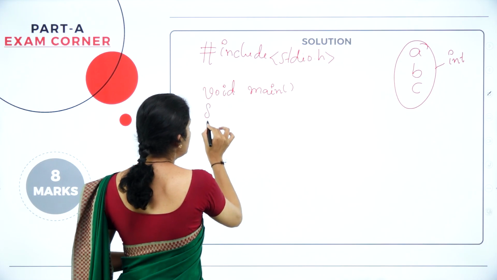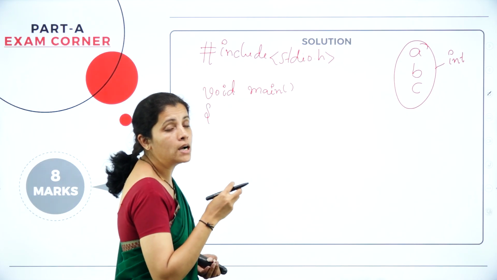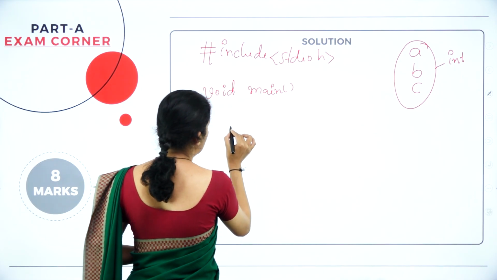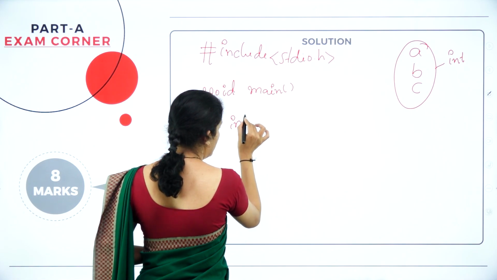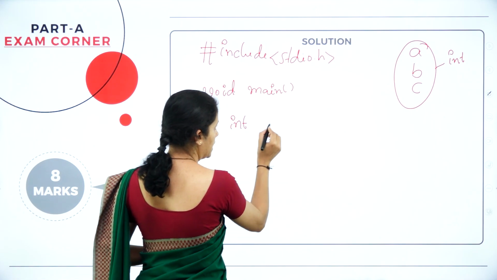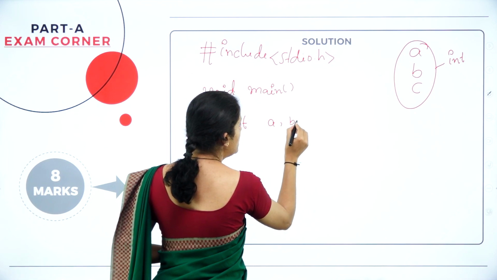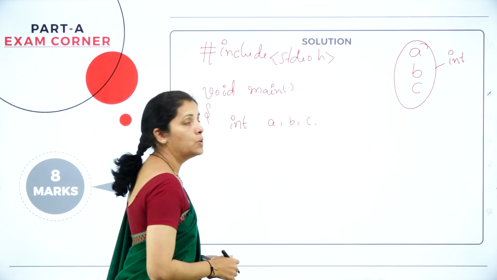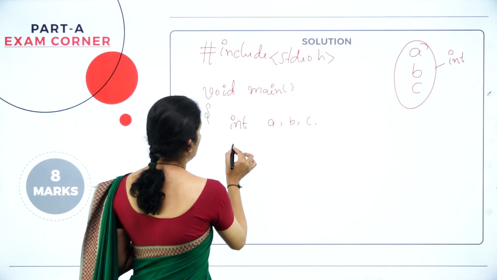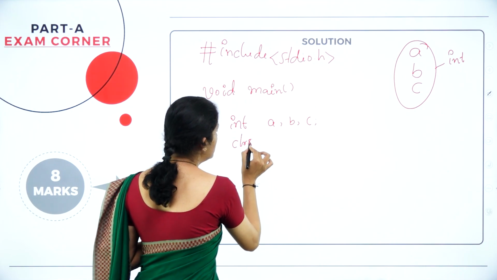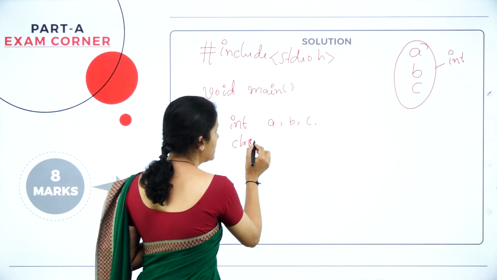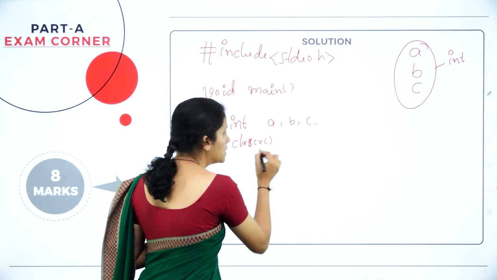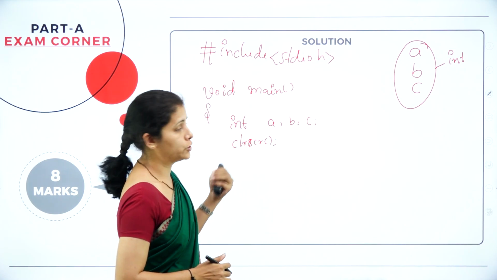After that, I'm going to have local variable declaration. So, I'll take int, the data type, A, B and C. Then, I'm going to use clrscr to clear the previous output.